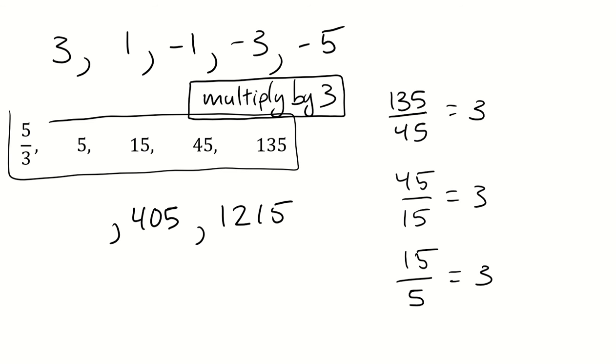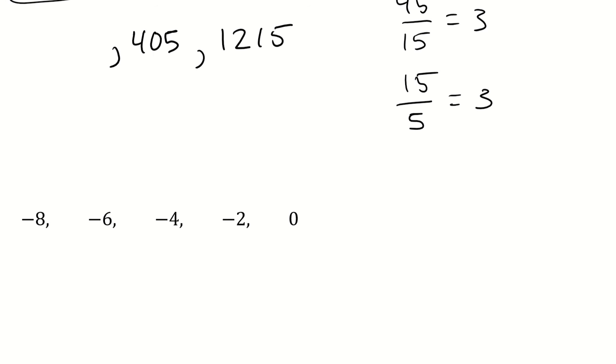Let's look at one more example, and then we're going to move on. On this one, I can see that the differences between the numbers aren't growing. To my eye anyway, they look like they're about the same. So I'm going to work with the assumption that this is an arithmetic sequence. Arithmetic sequences grow using addition.